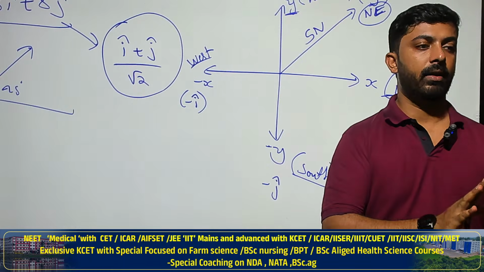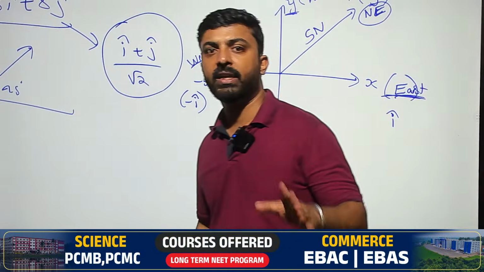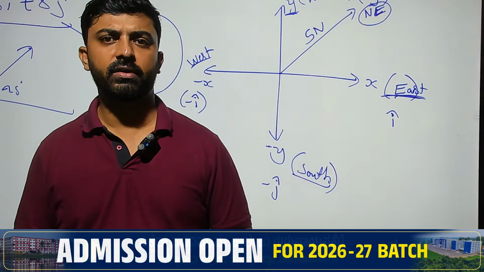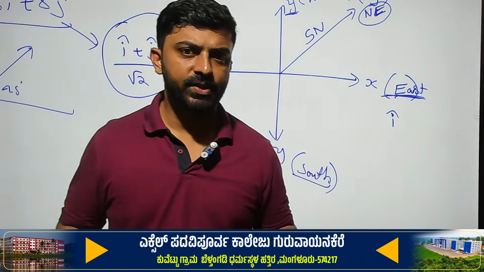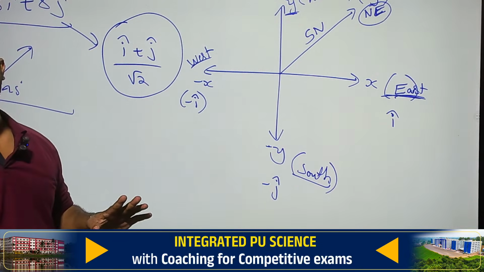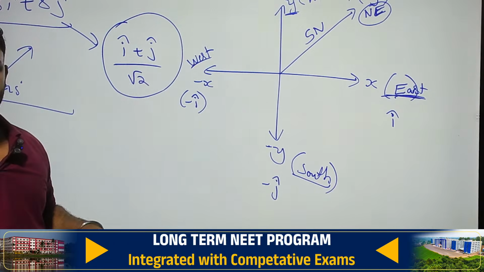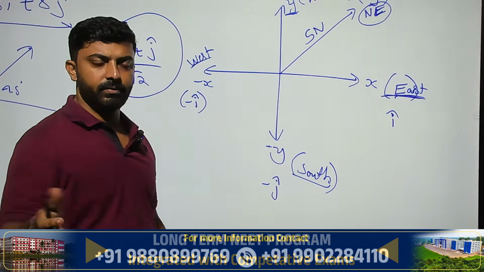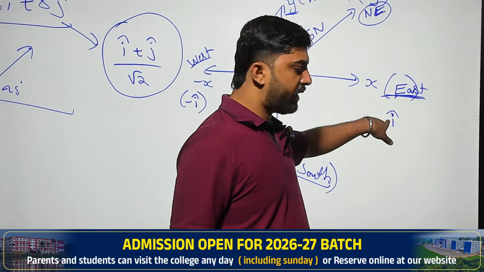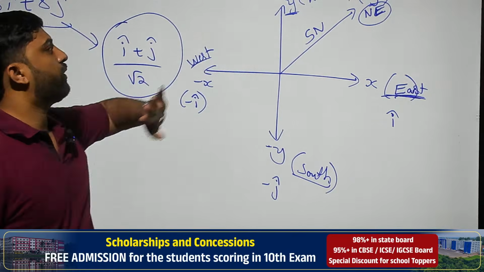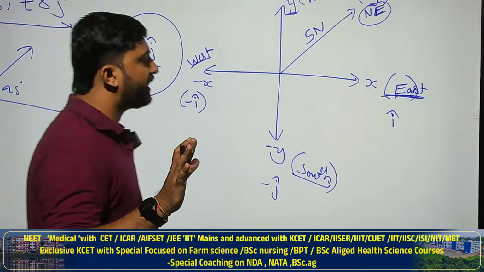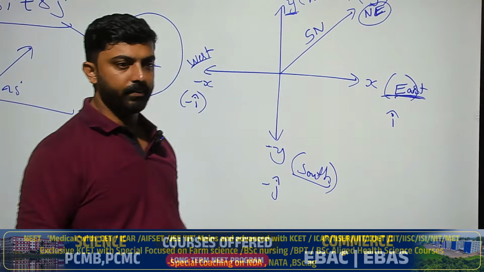If they mention in the question, i cap is direction in y, j cap is directed in z, then only you can change it. If they are not mentioning anything, then for x you have to take i, and for y we have to take j. In most cases, for x axis you have to take i, and for y you have to take j. In upward direction you can take k, and in downward direction you can take minus k.